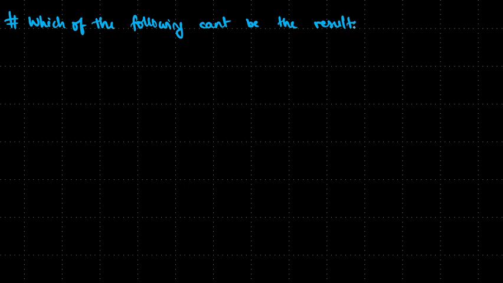Today we're going to do a question which is: which of the following can't be the resultant vector of magnitude 5 and 10?